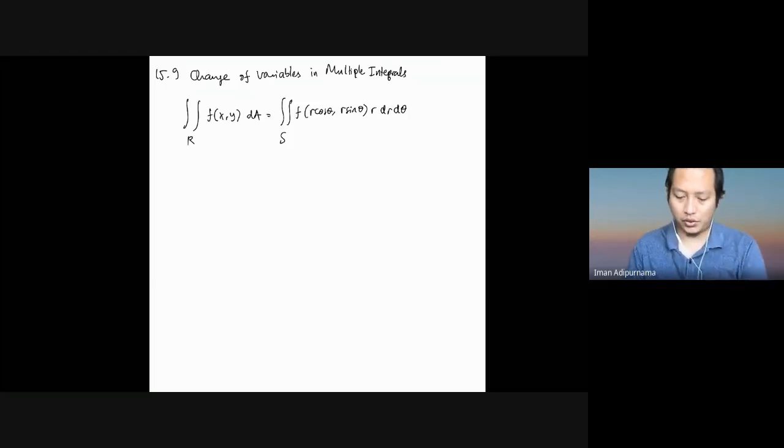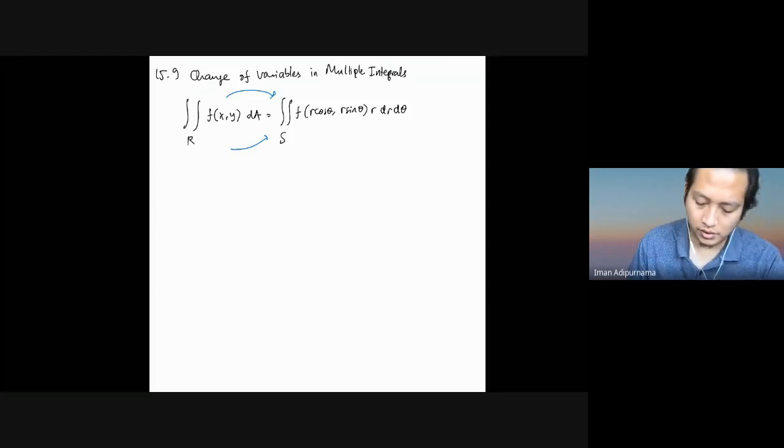Okay, so we can convert, right? Now, in these sections, we will learn how do we get r from one theorem. So imagine you are going to convert from rectangular coordinates to the polar coordinates.